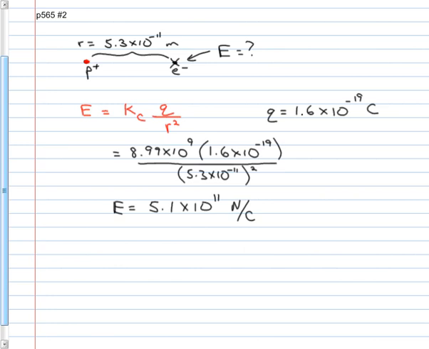So if I have a positive test charge out here, what direction would it feel a force? Right, away from that proton. So ignore the fact that they said there was an electron at that position. The electric field direction is based upon what a positive charge would do. So away from the proton. That might be a good way to describe it.